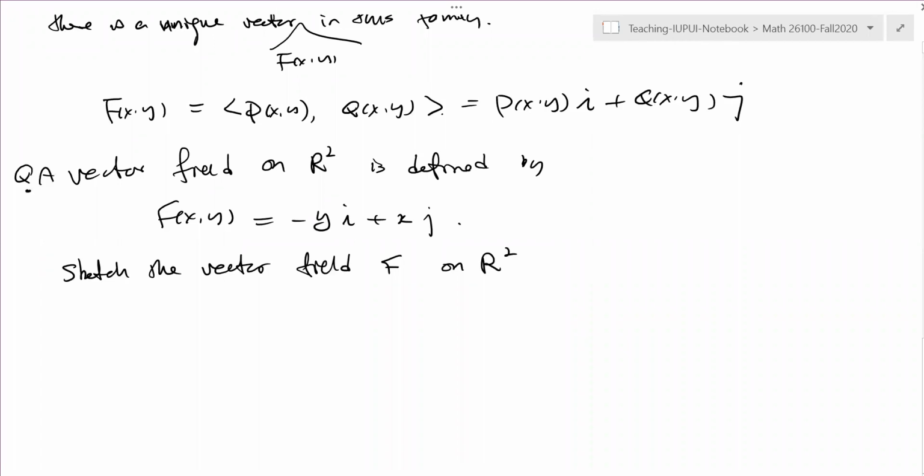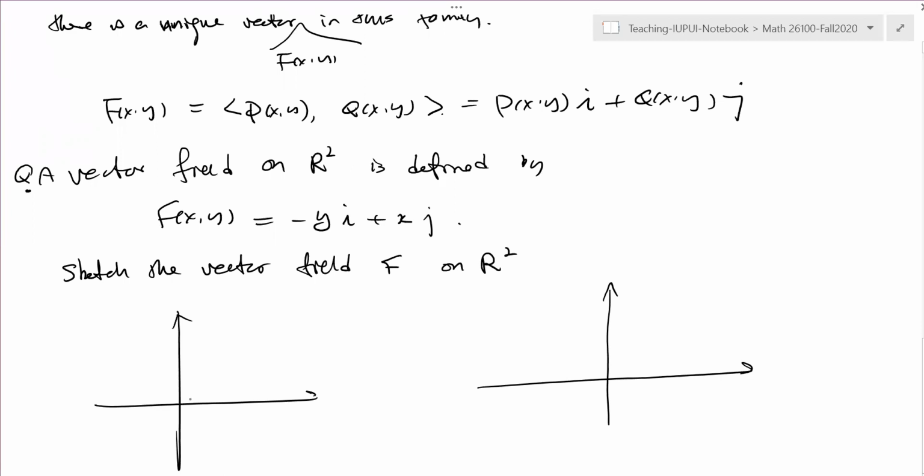How do you do that? Well, I just need to draw one point. Let's understand what it is. If this is a vector with components A and B, and I switch the components and give a negative sign, that will be negative B and A. So this is a 90 degree rotation.